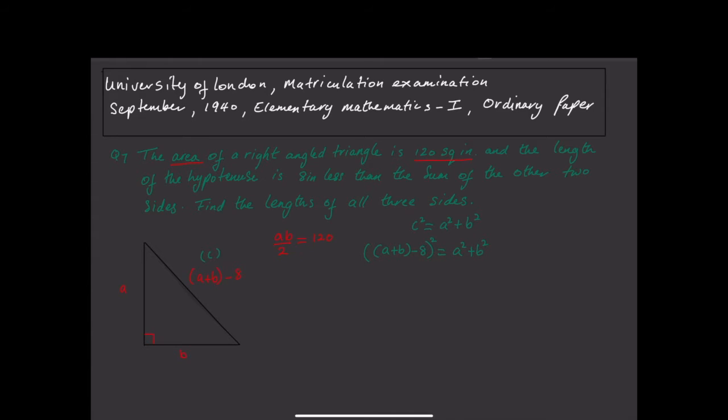Now, obviously we've got to expand out our left-hand side. So we're going to write bracket A plus B minus 8, bracket into bracket A plus B, bracket minus 8 equals to A squared plus B squared.